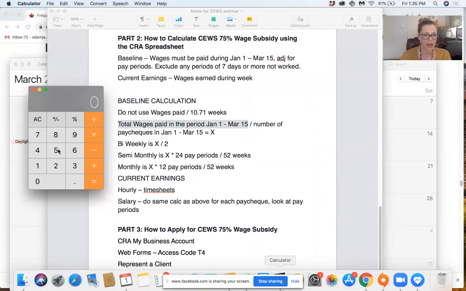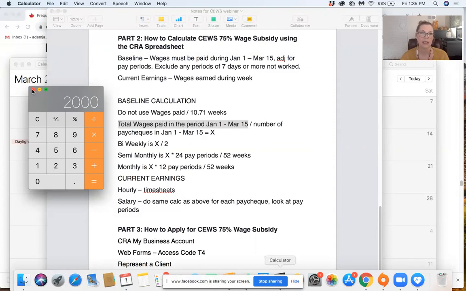Okay, so if I am somebody who earns an annual salary of $52,000, I should be earning $1,000 per week, right? 52 weeks in the year, 52,000. Each of my paychecks would be $2,000 exactly in my pay periods. So what did I just say?